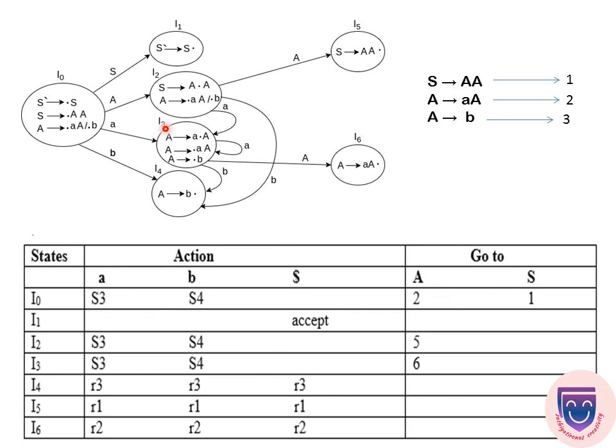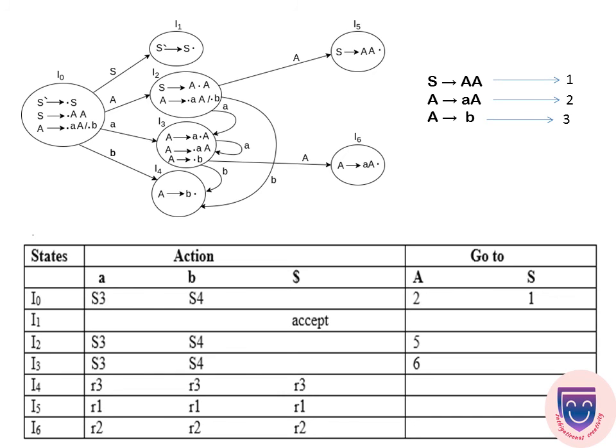I0, I2, I3 on small a are going to I3. So we write it as S3, which means shift 3, which means shift operation. So I0 on a, I2 on a, I3 on a, we are going to write as S3 here.